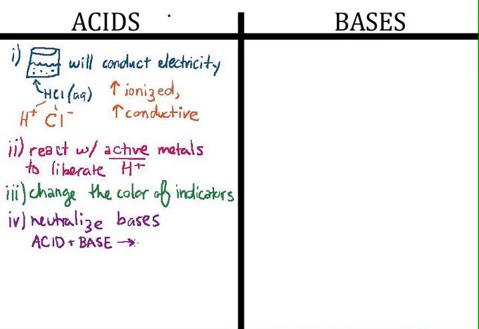If you put those two together, what you're going to get is a salt, which tends to be neutral, and some water, right? So it's very important that we understand that acids and bases, when they are combined, will essentially always cancel each other out. Strong acids and strong bases anyway will have that effect on each other.